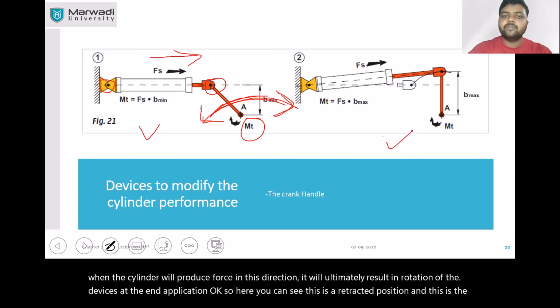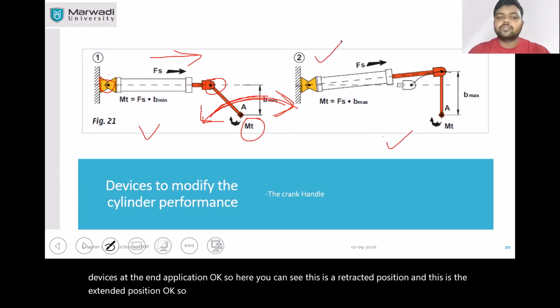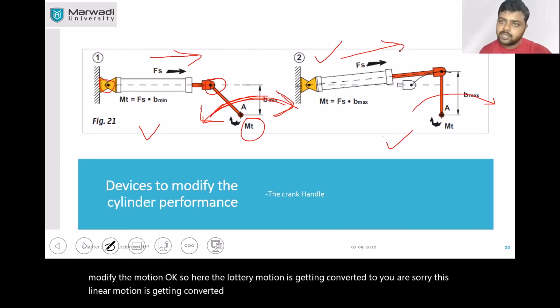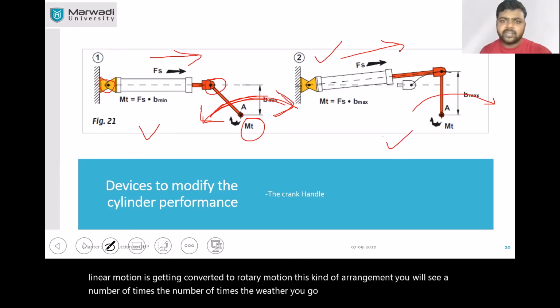So the same pneumatic cylinder can be used to modify the motion, where the linear motion is getting converted to rotary motion. This kind of arrangement you will see a number of times, whether you go to the paper industry or the printing industry, in many places we have this type of arrangement.